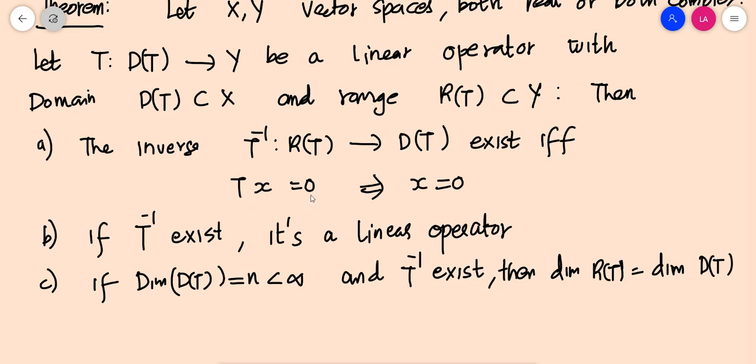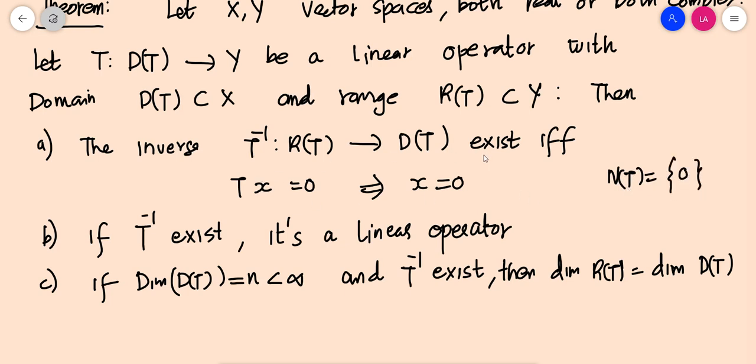So the inverse exists if and only if the null space N(T) is only the 0 element. This is the statement.